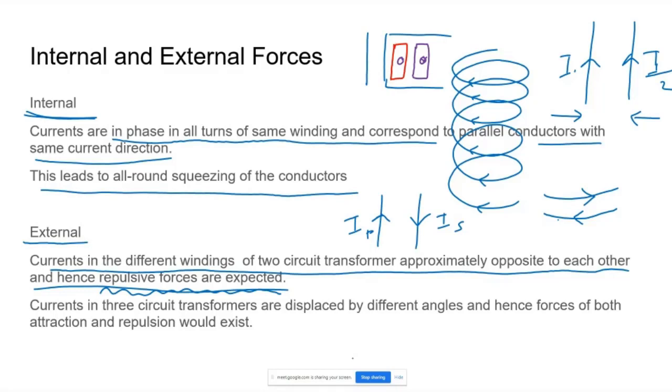The surface you are looking at is vertical. We are looking at the transformer in front of us, and this winding looks like a cylinder after cutting vertically.